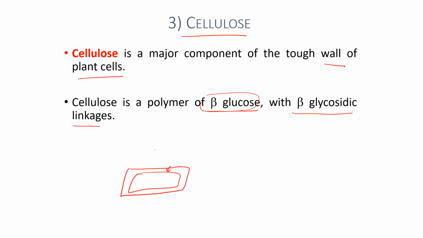This is different from starch or glycogen, where the monomers are alpha glucose and the bond is called alpha 1,4 or alpha 1,6. But for cellulose, because the monomers are beta glucose, we put beta in front of the glycosidic linkage. You can use either glycosidic linkage or glycosidic bond; both will be accepted.